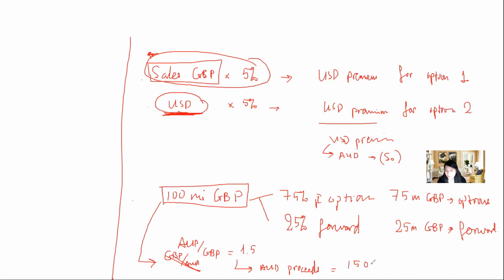So that will be 150 million AUD, right? And then let's assume that the option premium for this particular option is 0.5. Okay, let's say 0.5. That's too much, 0.05. So the option premium is going to be 100 million times 0.05, and that will be 50,000. All right, is my calculation correct?